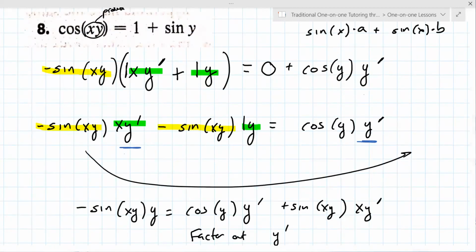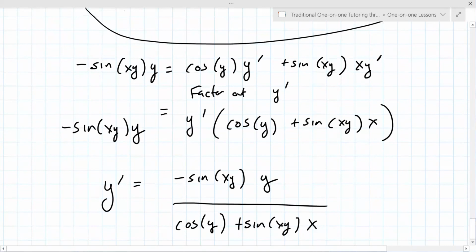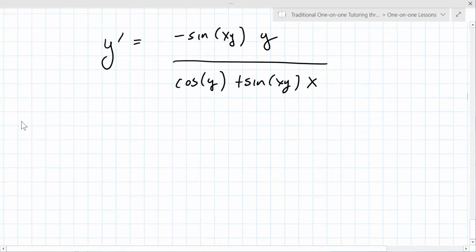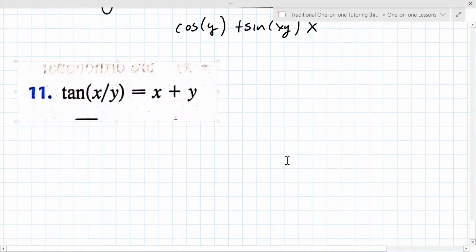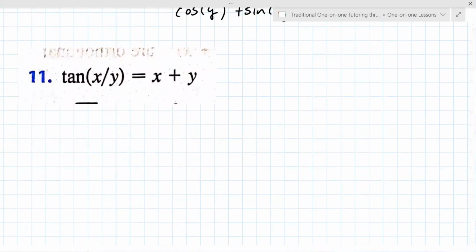Okay. I'm going to do 11 next because it's another chain rule with some stuff in it. All right, left side here. What's the derivative of tangent?